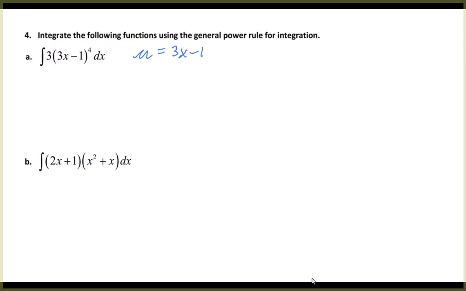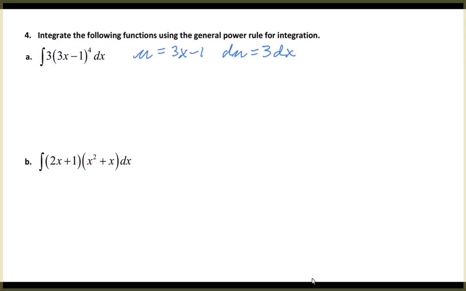Nope. What's the derivative of 3x minus 1? 3 plus dx. Nearly. Do we have that sitting in front of us? Yes, we do.